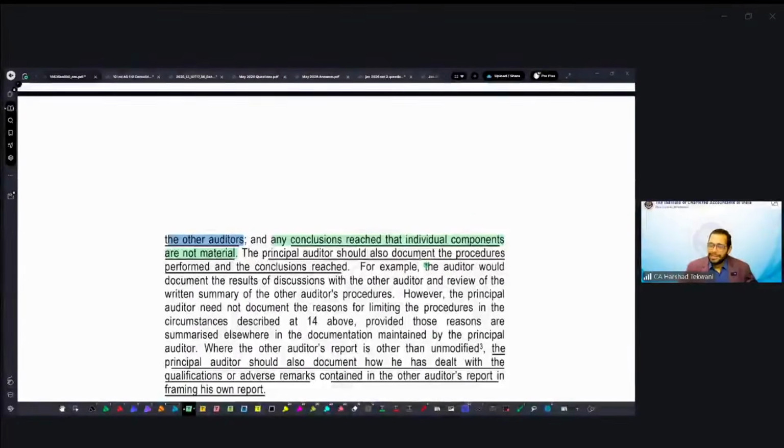You are anyway going to consider the material ones, but you need to document the conclusions reached that the individual components are not material. You need to document why they are not material.